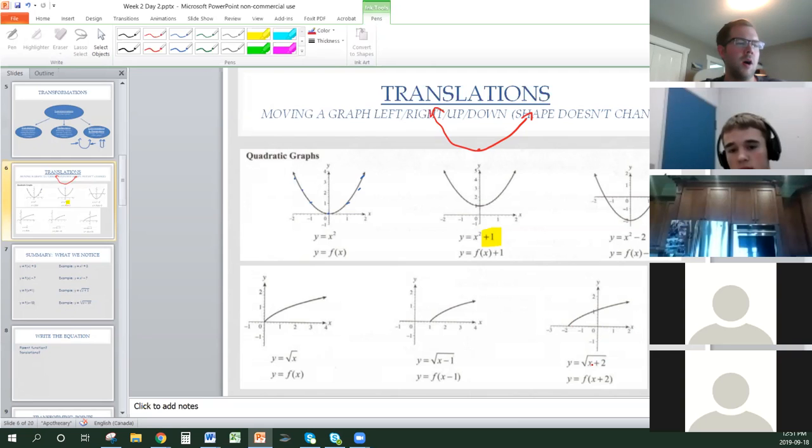Okay, so when it's a positive number inside here, it's moving it to the left. So I guess what you're also saying, Freddie, is that the number is still right next to the x. It's still within the brackets, moving it left. Okay, excellent.